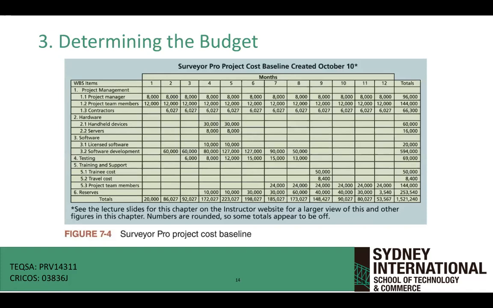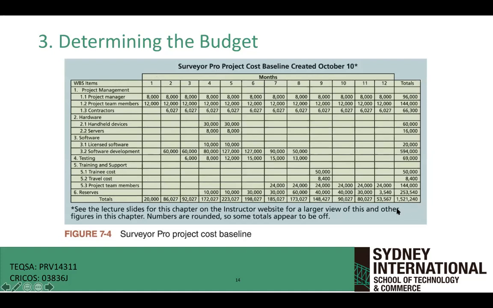One thing about determining the budget: we try to determine a budget over a certain period. So period 1, period 2, period 3, that could be 1 week, 1 month, or whatever it is. Here, I need $20,000 for period 1. I need 86 for the next. And all of these costs will start accumulating towards the end of the project. So when you add all of these costs, that gives you the cost for the overall project.